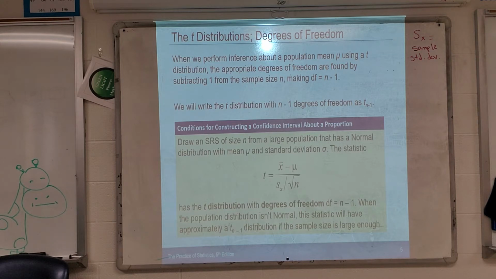If it is normal, it'll be an exact t distribution. But if it's not normal, it'll be approximately a t distribution. So we get to use this regardless of whether the population is normal or not, if the sample size is large enough. Of course, if the population distribution isn't normal, the sample size needs to still be bigger than 30. Okay, 30 or more.